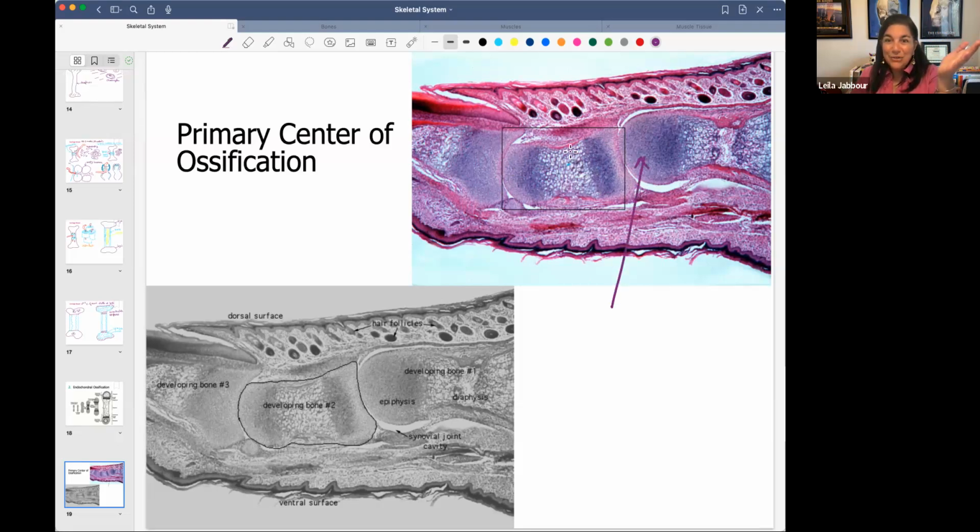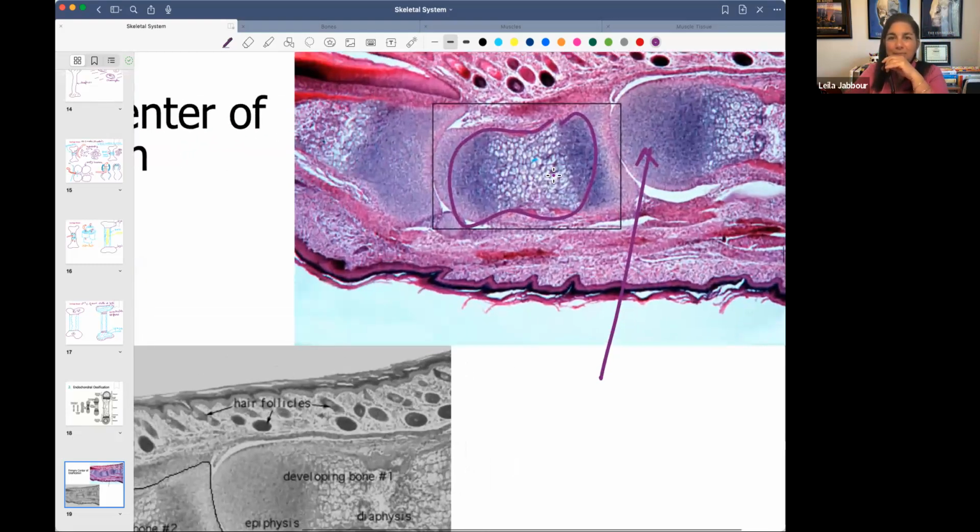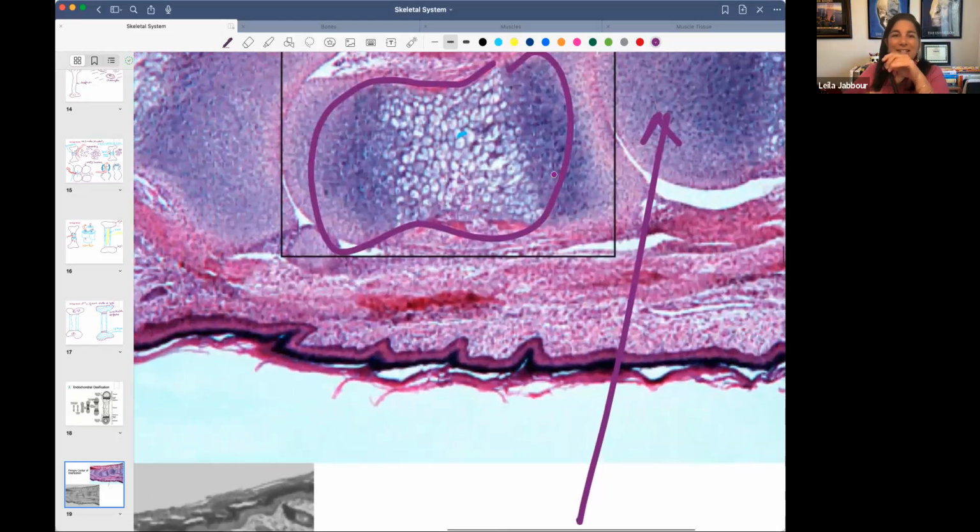And at the center of these long bones, so this is one long bone, this is another long bone, and this is a long bone down here. So these phalanges are each mini long bones. Let's see if I can zoom in here. You can see the lacunae being enlarged. You see that?